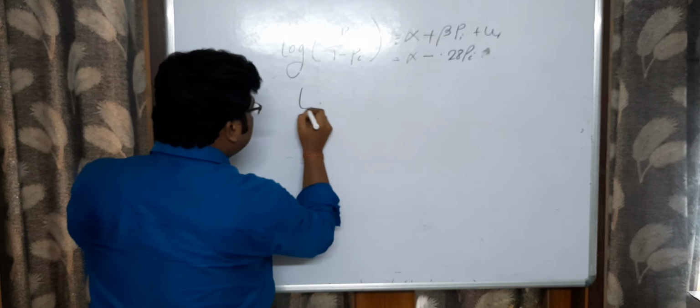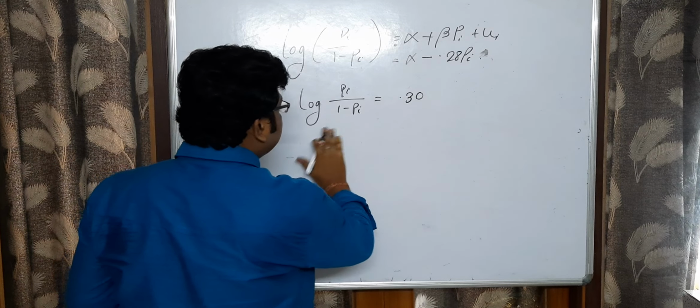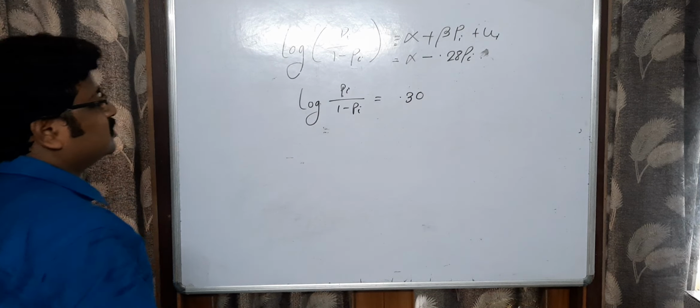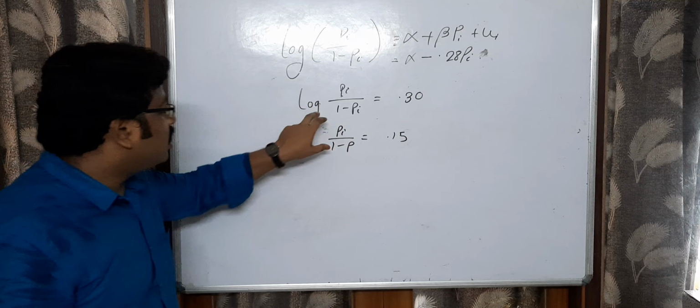For example, log of Pi over 1 minus Pi equal to, suppose, 0.30. Now we take the anti-log of this. Suppose it gives 0.19, or for simple calculation, 0.15, for example, after taking the anti-log.